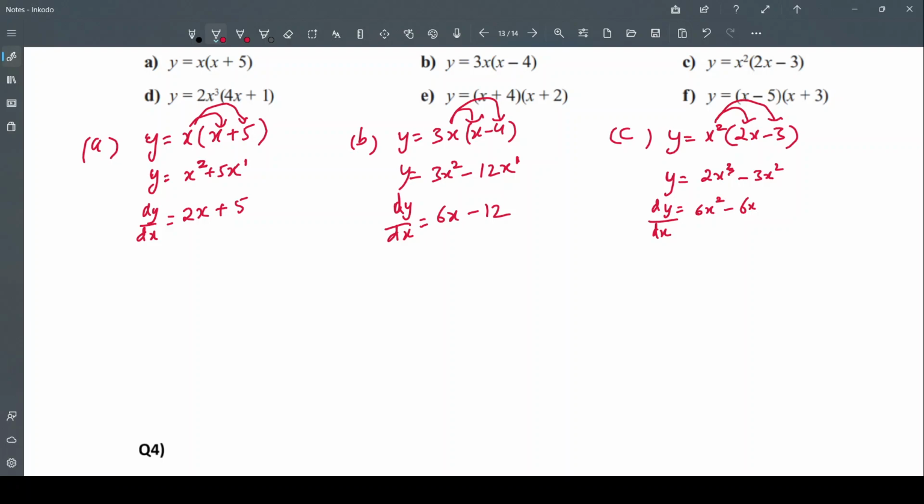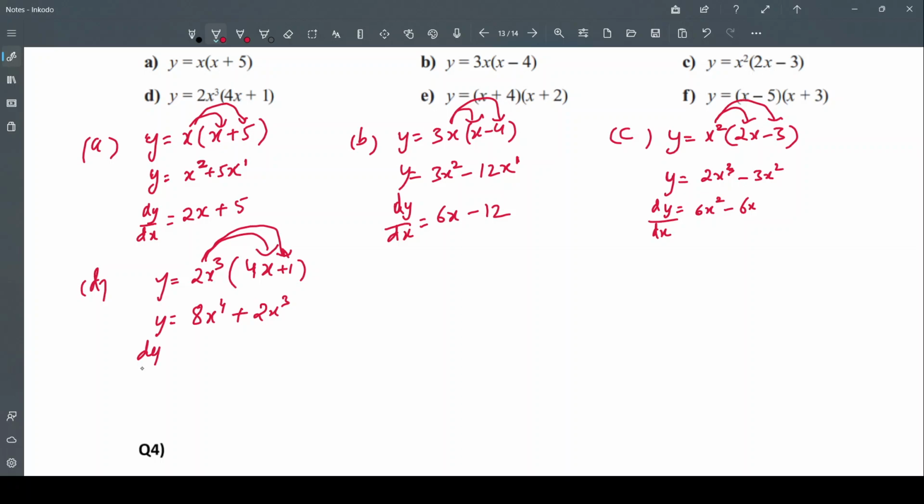Let's do part D. y equals 2x cube times 4x plus 1. We have to expand a little. We have to multiply this with this term first. So 4 times 2 is 8, and x cube into x is x4, plus, when this is multiplied with this 1, the same term 2x cube.